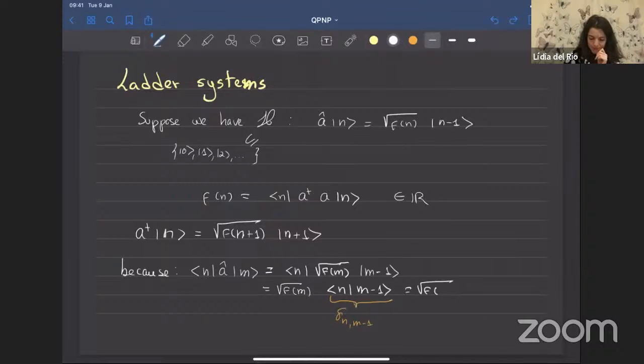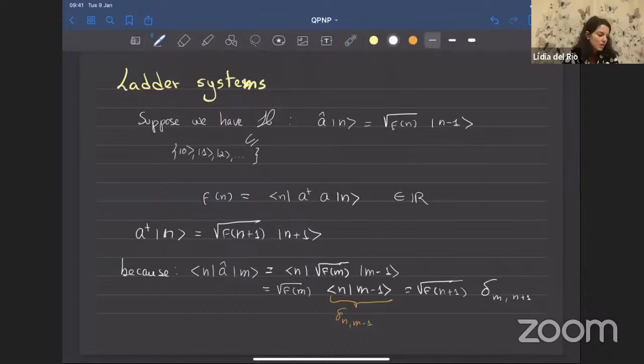So if n minus 1 is the same as n, then n plus 1 is the same as m. Right? I just rewrote it in this way. Delta m. Yeah, that's right. Yeah, exactly.